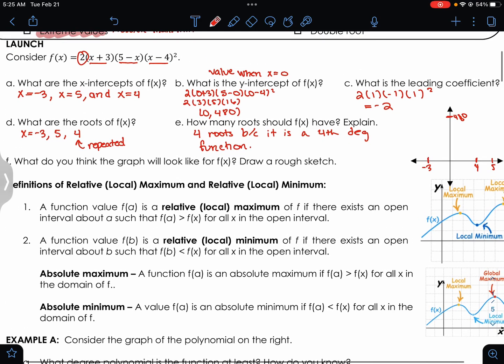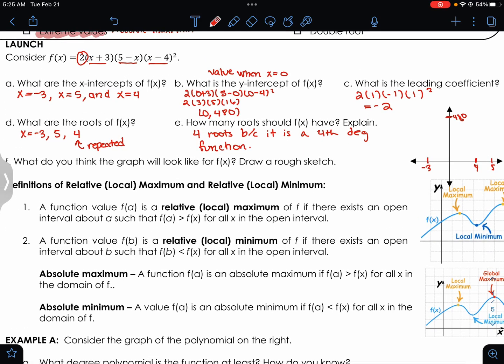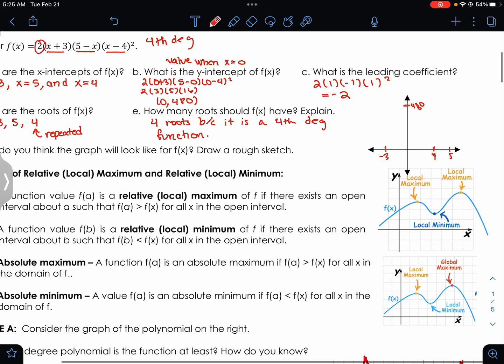So also, if we want to know what degree this is, this would be a 1, 2, 3, 4th degree function. So it would look something like this. Okay, and we'll talk more about how you know what that is doing right there on Wednesday.